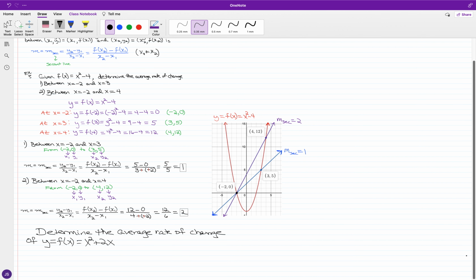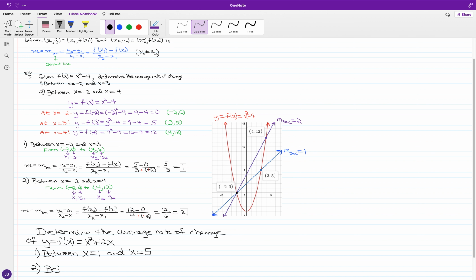In the first case, we'll say we have between x equals 1 and x equals 5, and we'll keep the same starting point.